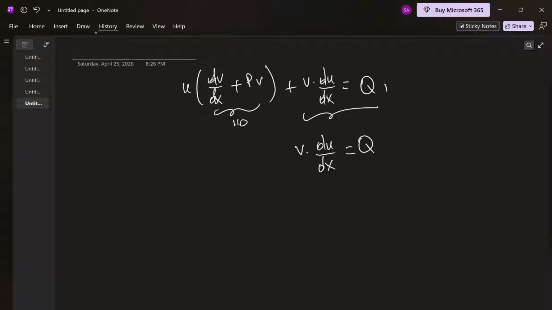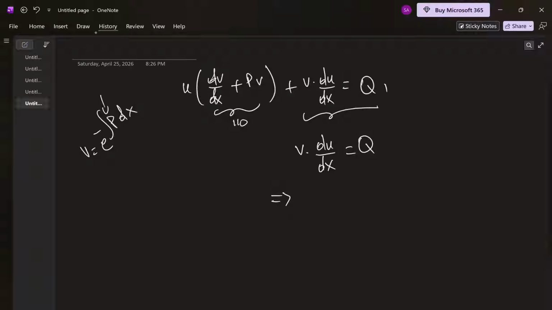So now we could calculate the function u. You know that v is a known function now. It is simply the exponential of minus the integral of p dx.